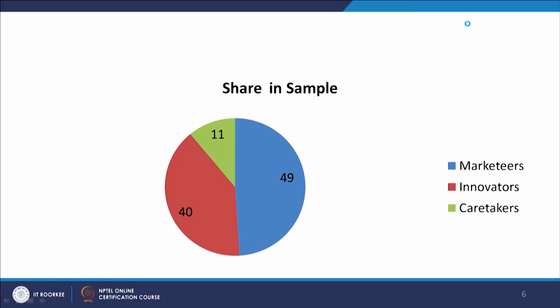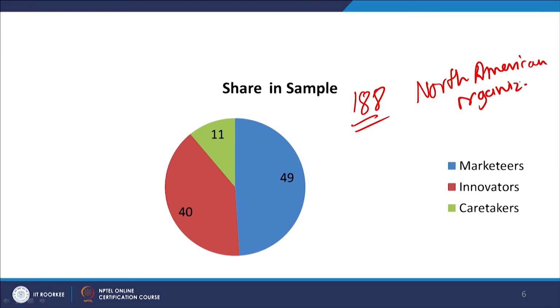So, we have discussed these three classifications, these three types of organizations. If you see, out of a sample of 188 organizations which Roth and Miller took for their study, all of them from North America, 49% of them were the marketeers.